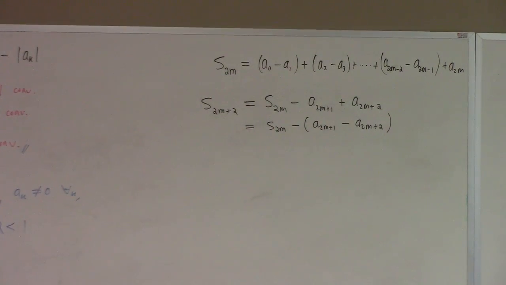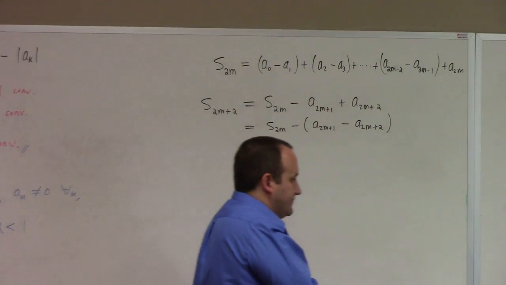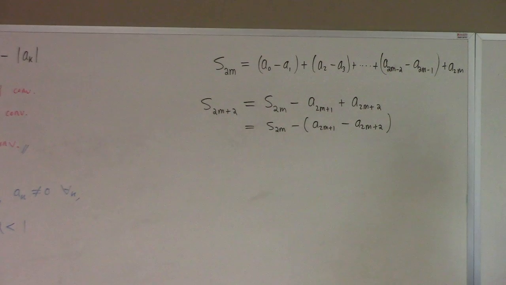Why do you do that? See, the reason he did that, what can we say about the term in parentheses? The terms are decreasing, right? We need to use that somewhere. This is not just for the sake of writing it.